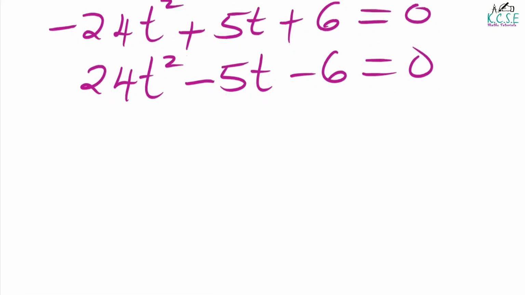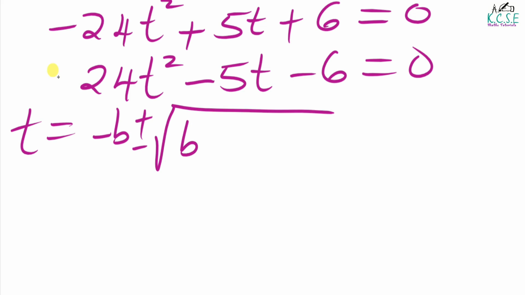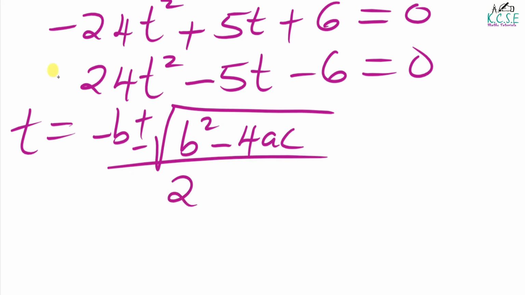Now, when you look at this quadratic equation, when you solve it, we shall get two values of t. And the easiest way to go about this is to use the quadratic formula. So t is given by minus b plus or minus the square root of b squared minus 4ac, everything divided by 2a.